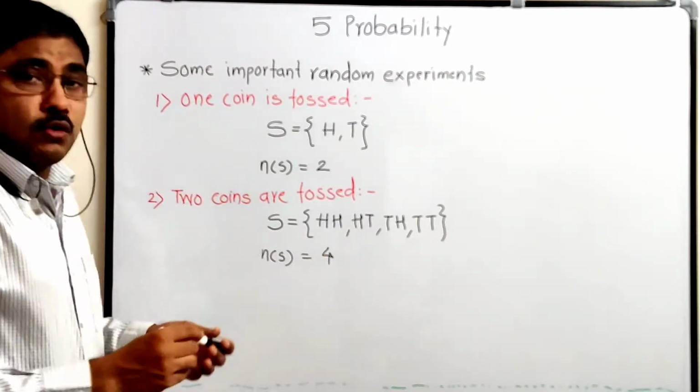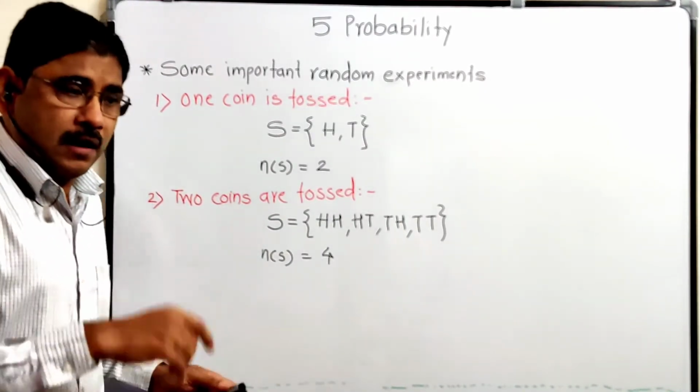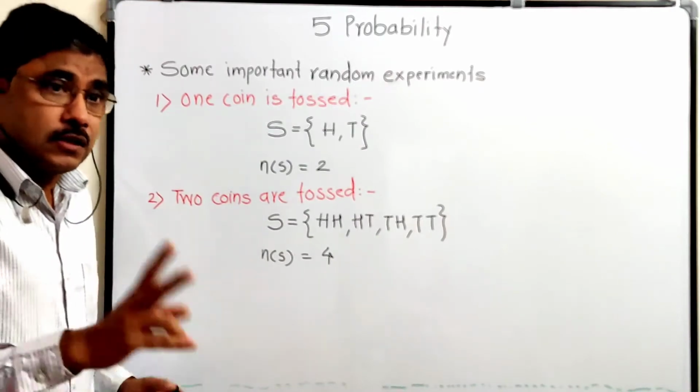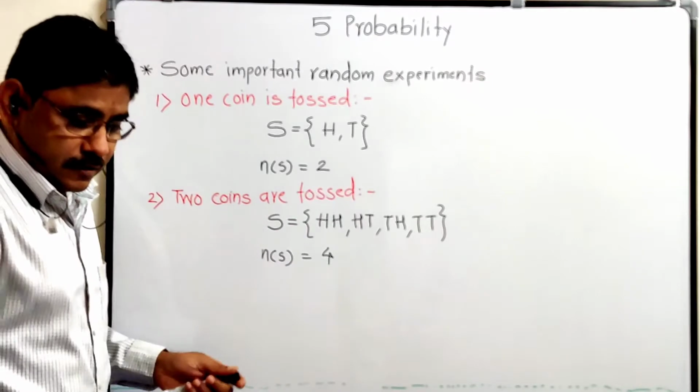In this way, when 2 coins are tossed simultaneously or a coin is tossed 2 times, we get the same result.